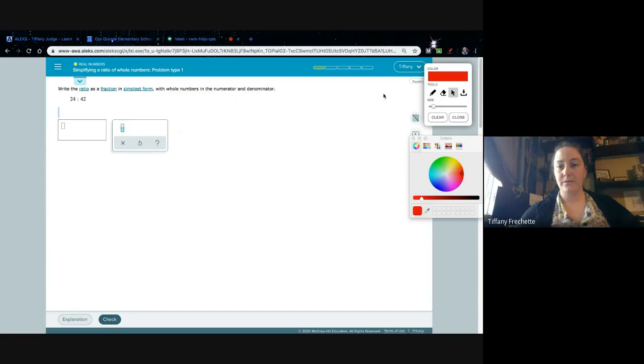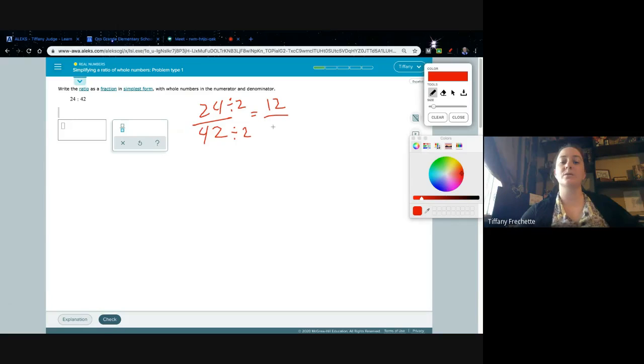All right, so we have 24 over 42. Now we want to reduce. If you didn't see right away what it can divide by, that's perfectly fine. Just start dividing by 2's. If they're both even, divide by 2. If you can't divide by 2 because they're not both even, try 3. You just want to go down your list and keep dividing until you can't divide anymore. So if I divide by 2, I get 12.